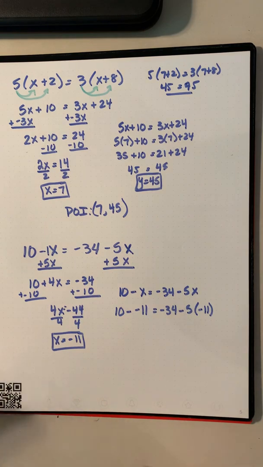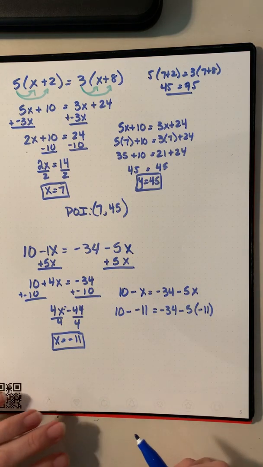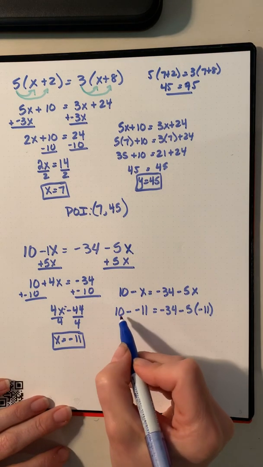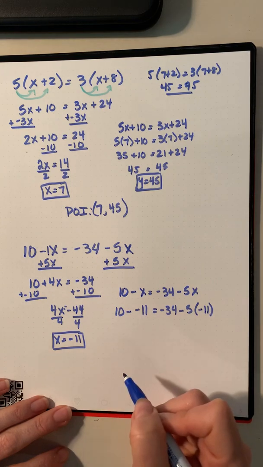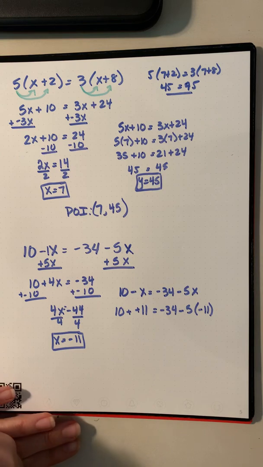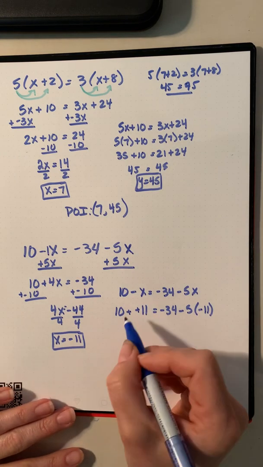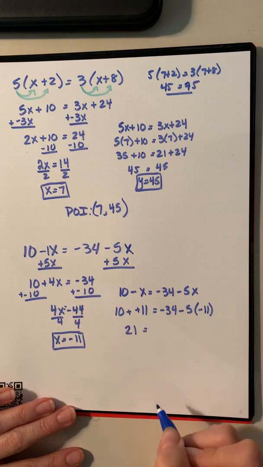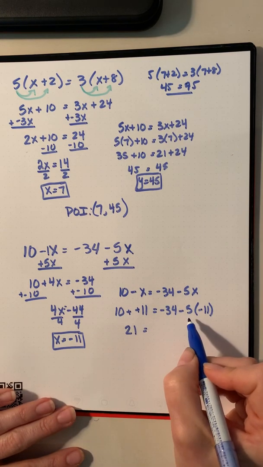Okay, so this, again, is really layering in a lot of our integer rules from the beginning of the year. 10 minus a negative 11 is the same as 10 plus a positive 11. Remember, subtraction is the same as adding the opposite. 10 plus 11 is 21. Then we get over to this guy. This is kind of crazy.